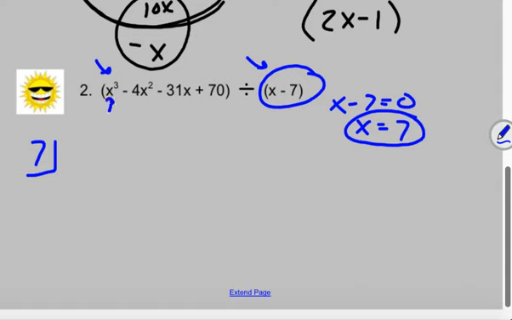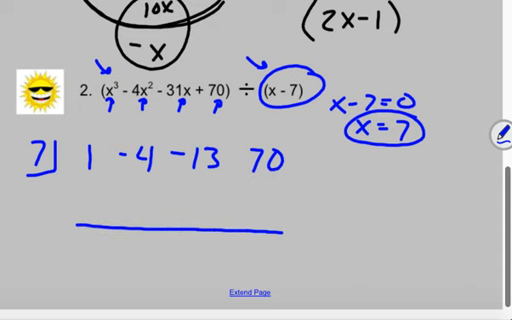Degree of decreasing order, it's x cubed, x squared, x to the first, and then no x, so it's in order. 1, negative 4, negative 13, and 70. Always bring down the first number, synthetic division, 1. 1 times 7 is 7, and start adding. 3. 7 times 3 is 21.